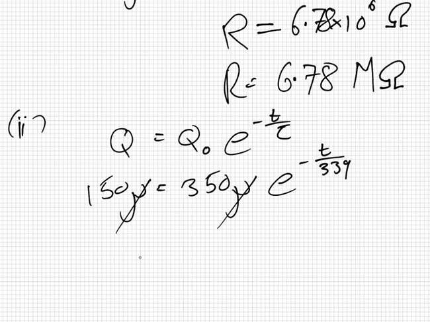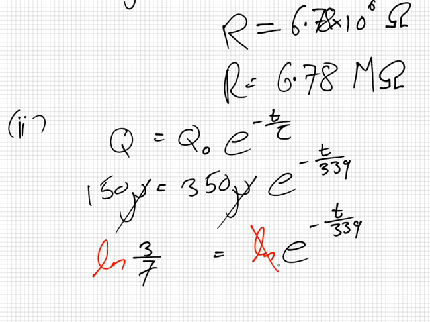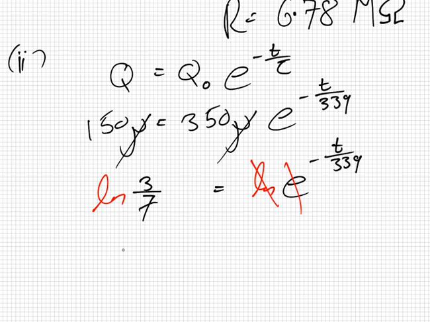So here we have 250 micro equals 350 micro e to the minus 120 over time constant. Cancel, cancel. 5 over 7 equals e to the minus 120 over time constant. Take log on both sides, and they cancel.